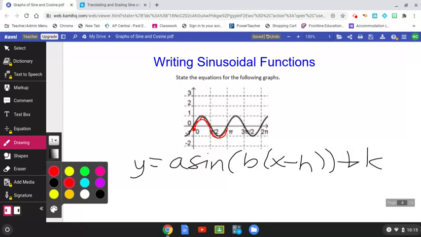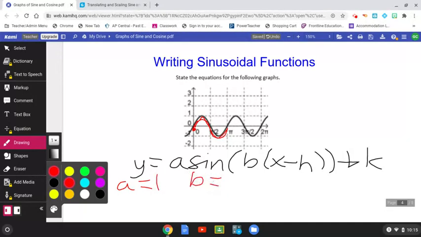Okay, so focusing on that one period, I can see that my amplitude, or A, is equal to 1, because, again, the graph is between -1 and 1, or the range is -1 to 1. So I know A is 1.